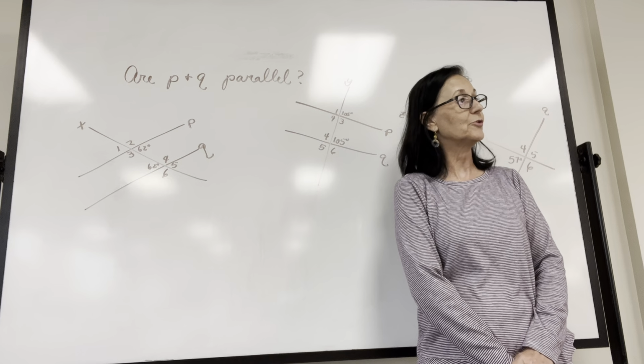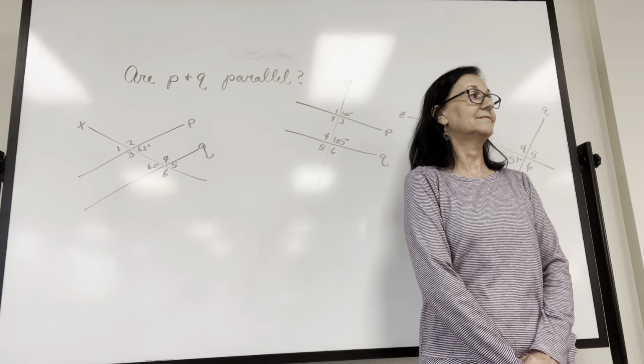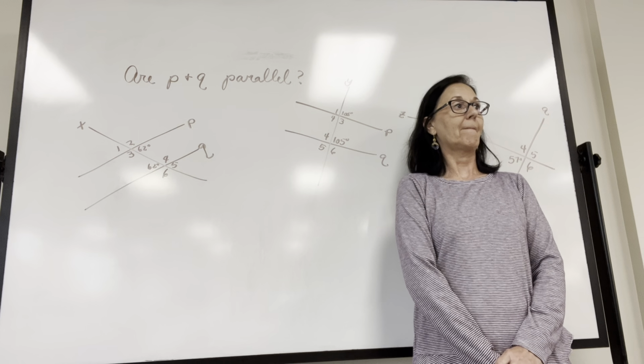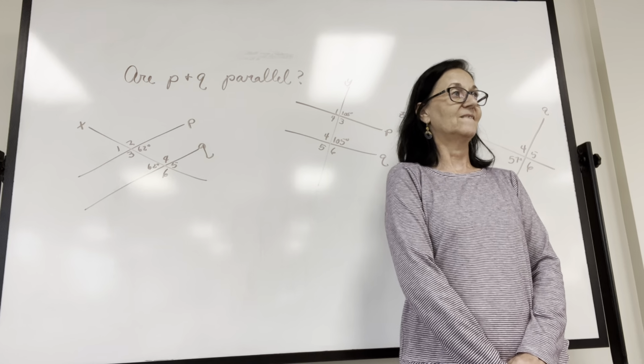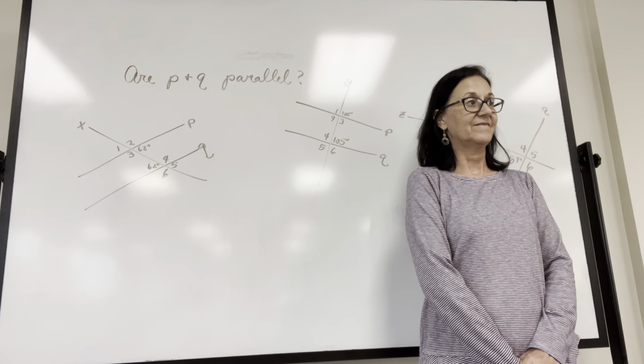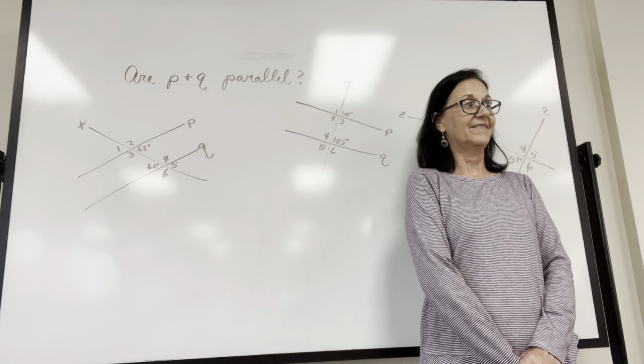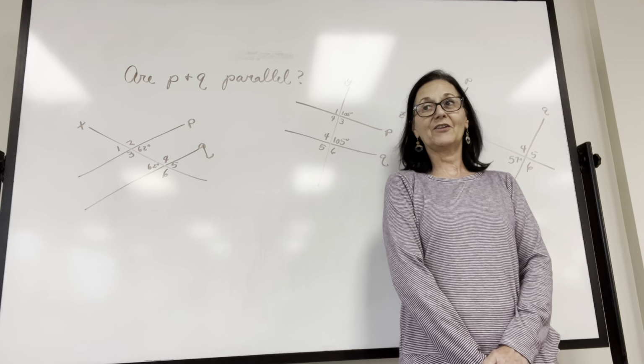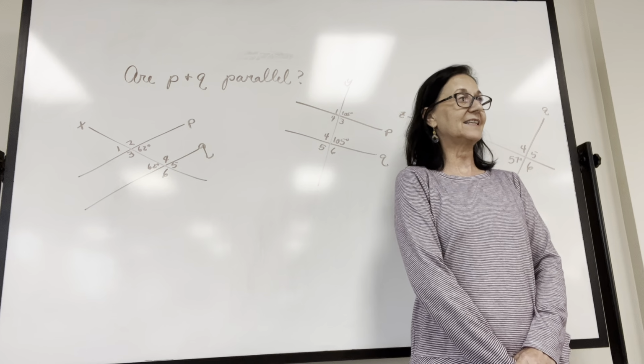Okay, that is a true statement. And so if angle 3 is 118 degrees, then angle 6 should be 118 degrees, and 180 minus 62 is 118. I don't really know if I said that right. You went a long way around, but you are exactly right.